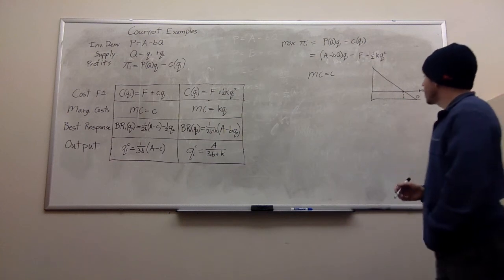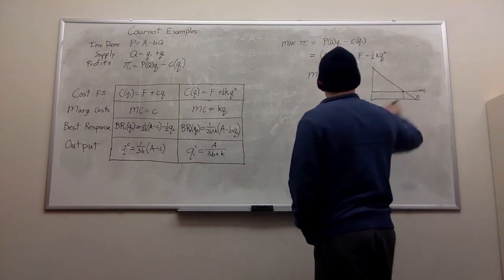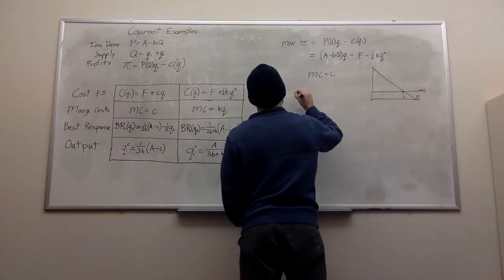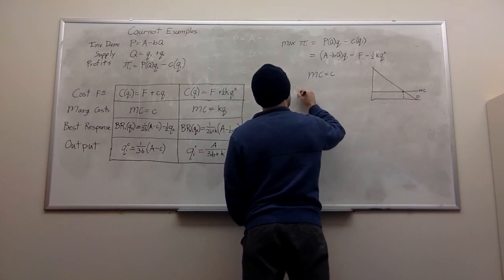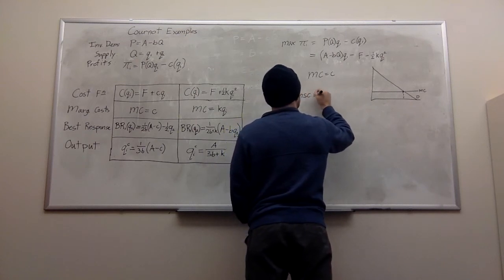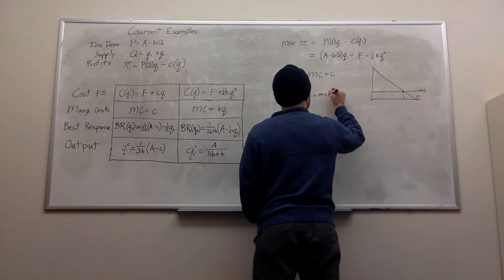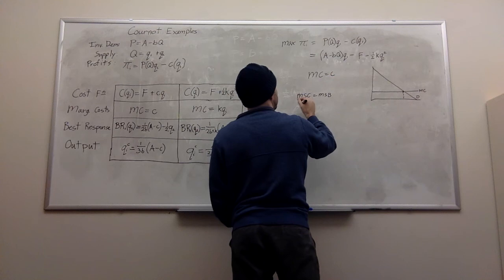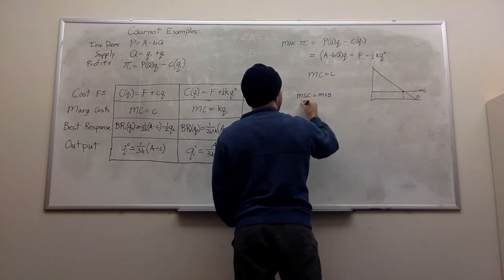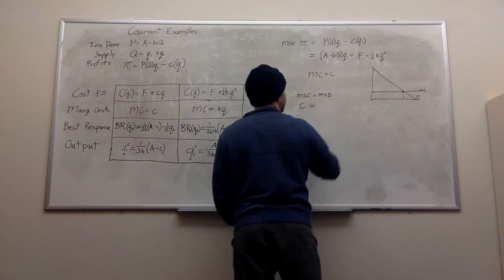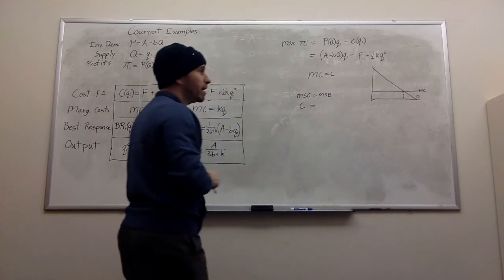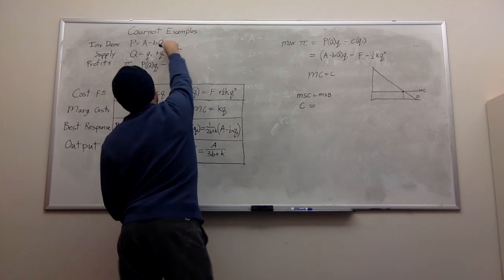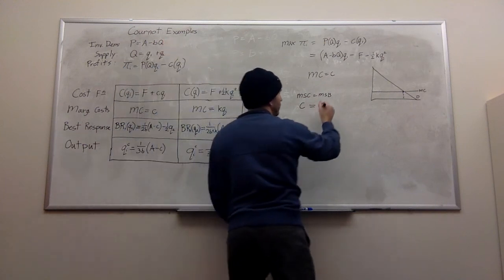And so for that socially efficient outcome, what I want is marginal social cost equal to marginal social benefit. That is, marginal social cost is just the marginal cost of the firms. So that is C, it costs them C to produce each unit of output. And marginal social benefit is the willingness to pay for each unit of output.